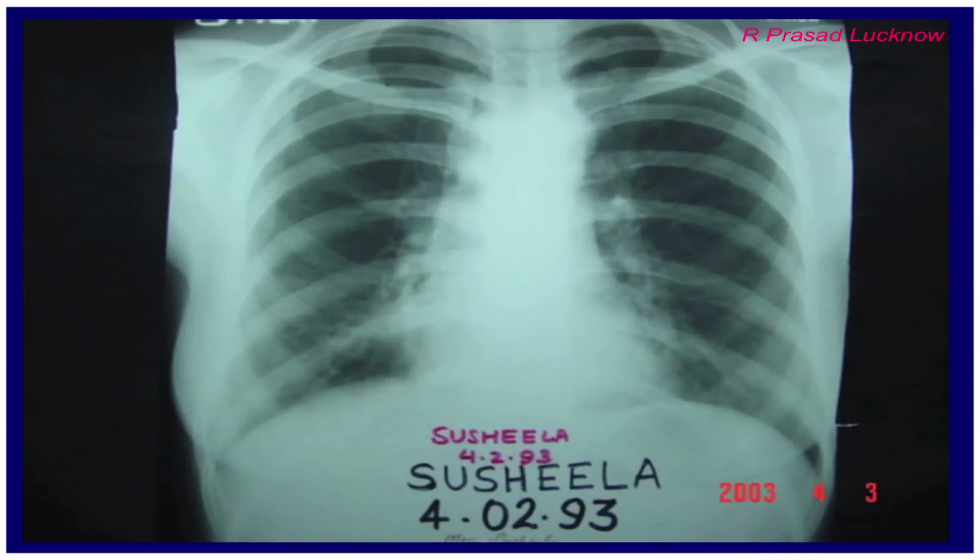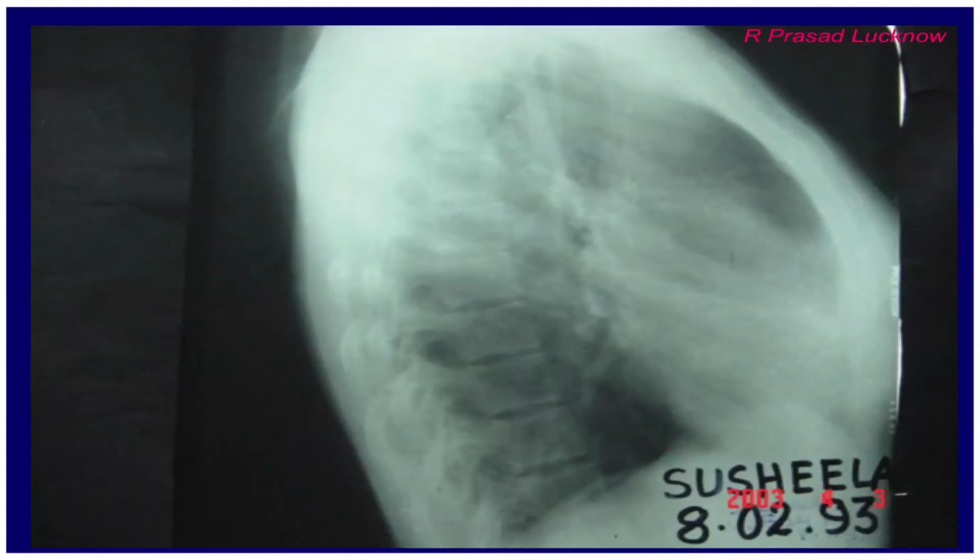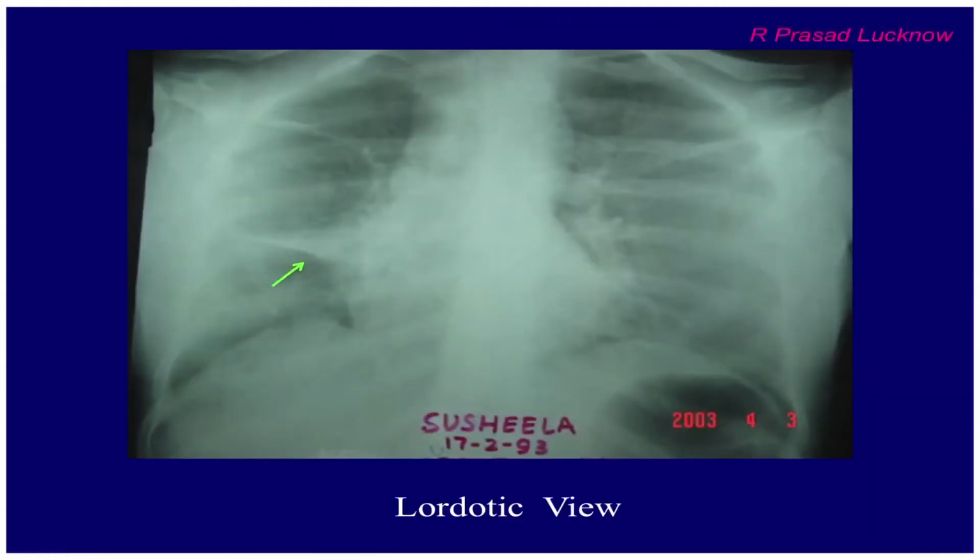So, just to localize the lesion, we got a lateral view done, but we could not get any finding. Then we got a lordotic view done because of some doubtful shadow in the right paracardiac area. We have already told you that out of 2 indications for the lordotic view, one indication is middle lobe collapse.